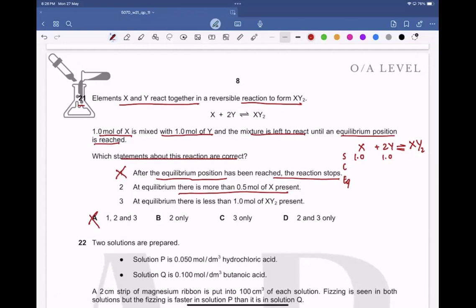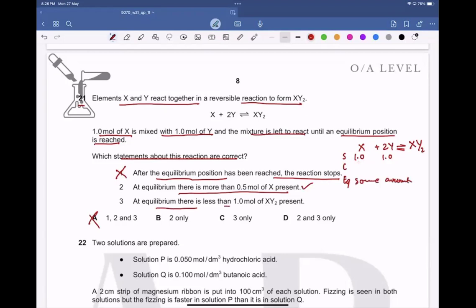Yes, there is a possibility because we don't know how much is going to be consumed. It can be used in any amount, but it is sure that at equilibrium some amount must be there of each of the reactants, right? So this can be correct.